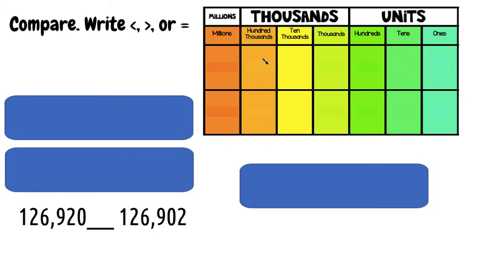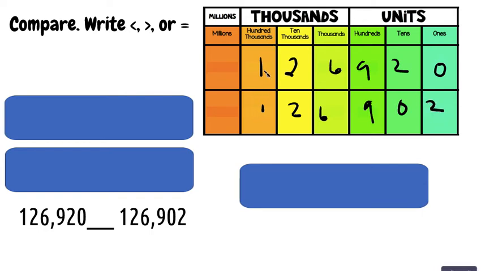All right, so if I'm filling in my place value chart, I have the number 126,920. And then I have the number, again, 126,902. Now, a large majority of this number is all the same when we're comparing, right?